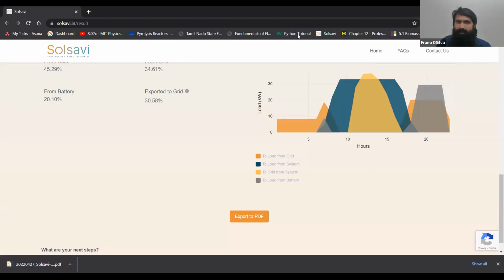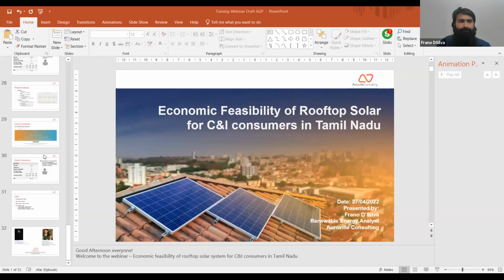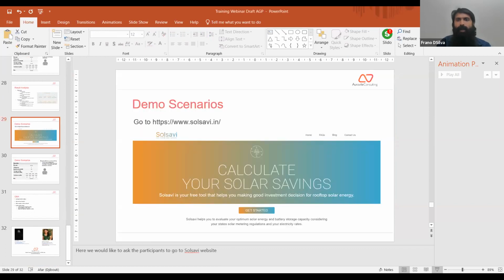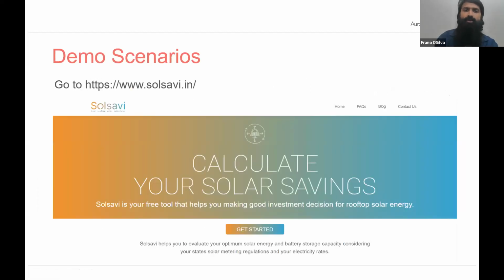I'm going to stop my screen now and explain the second demo scenario where you would accompany me in the simulation of the analysis. At this point, I would request the users to please go to www.solsavi.in in your web browser and confirm through message in the chat that you have reached the landing page.